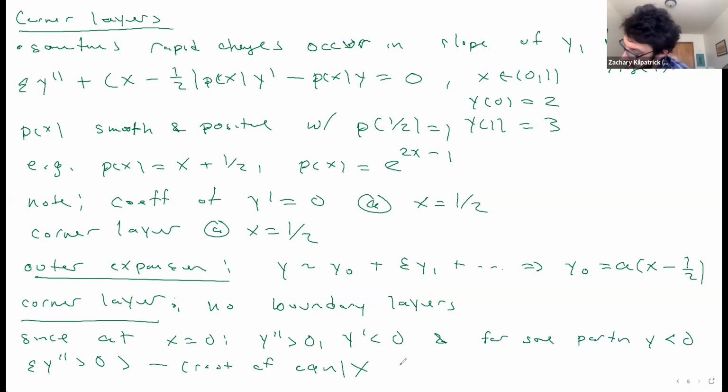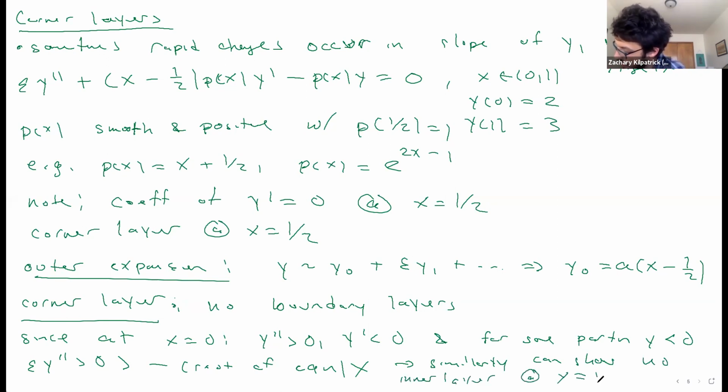And similarly, can show there's no inner layer at x equals 1, okay? All right. So I won't unpack that too much because we did it in the other problem. Okay. But you know, the arguments are similar.